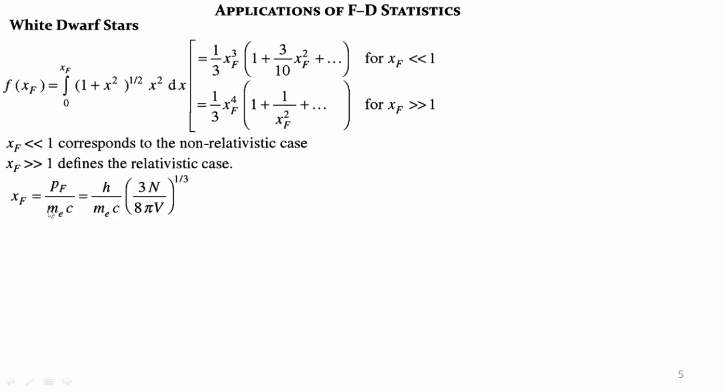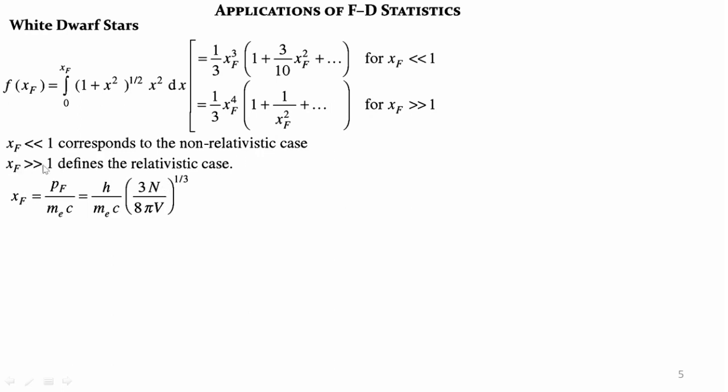And this is related to the velocity of the particle; I mean, this is momentum divided by mass. It is related to the velocity of the electron. So this means that the velocity of the electron is very less in comparison to the velocity of light, and that is why this turns out to be very less in comparison to 1, and that is why this refers to the non-relativistic case.